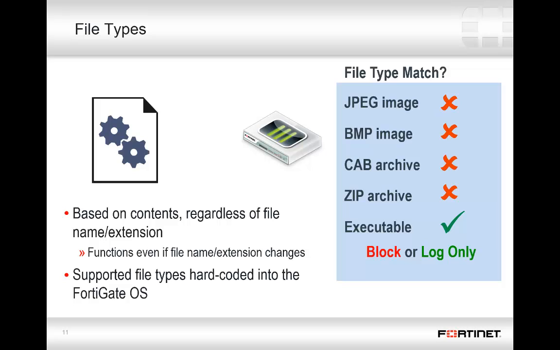The trade-off for this accurate technology, however, is that unless FortiGate has a corresponding decoder that understands the binary data structure, it cannot decipher the string of zeros and ones, and therefore cannot identify the file type.